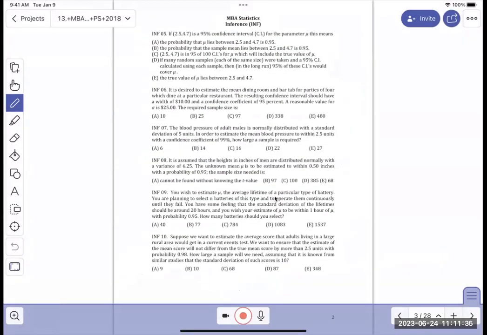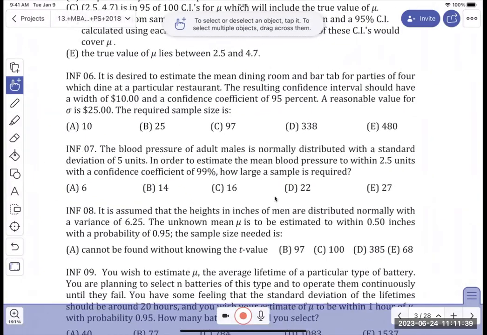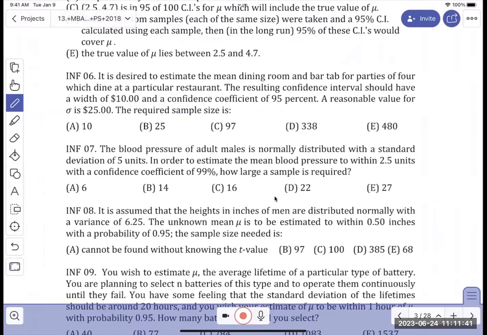Okay, so let's see. How about let's try 7. The blood pressure of adult males is normally distributed with a standard deviation of sigma.